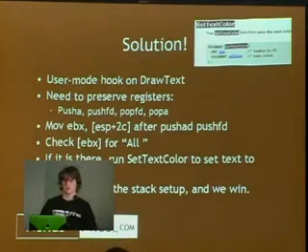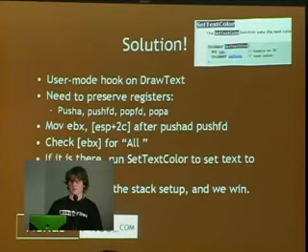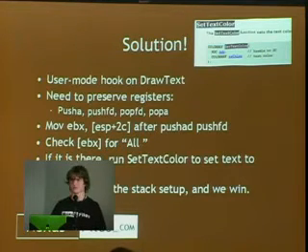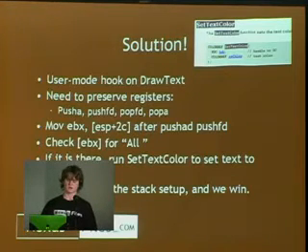The route I took for changing the color of this text was a user mode hook on DrawText. We're basically redoing what ZoneAlarm did with hooking NtOpenProcess and pointing it to a different one. We're going to put this hook on DrawText and make it point to our version, which does some interesting things to the text if it meets certain criteria.